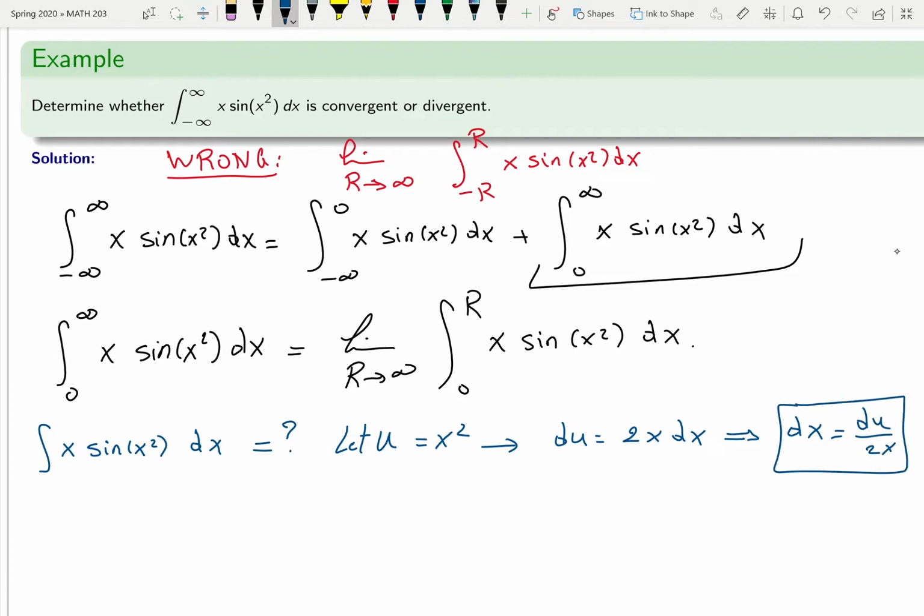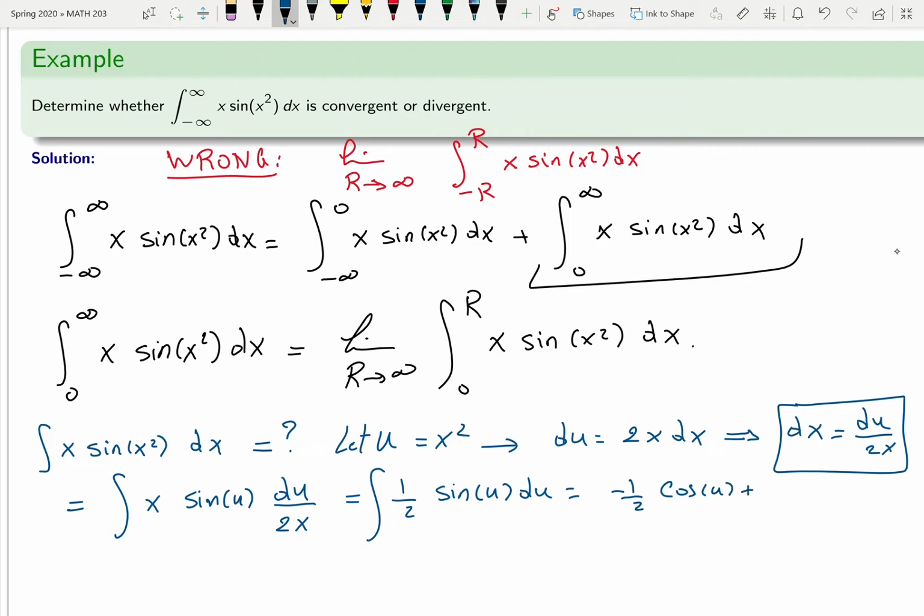Now, this integral becomes the integral of x multiplied by sine of u multiplied by du over 2x. Cancel out the x's, you get 1/2. So the integral of 1/2 sine u du, which is negative 1/2 cosine u plus constant. So this is negative 1/2 cosine of x squared plus the constant.